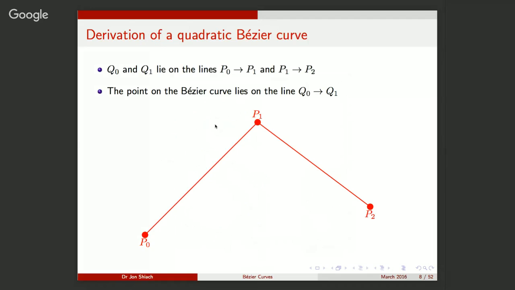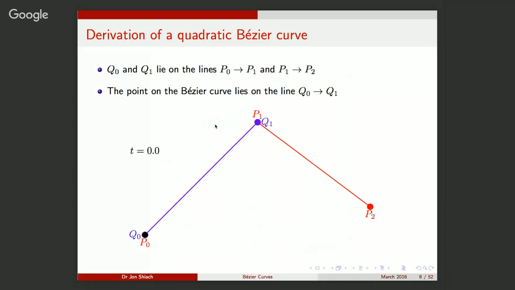Now we're going to define Q0 and Q1. These are kind of intermediate control points. Q0 is going to be on the line joining P0 to P1, and Q1 is going to be on the line joining P1 to P2.